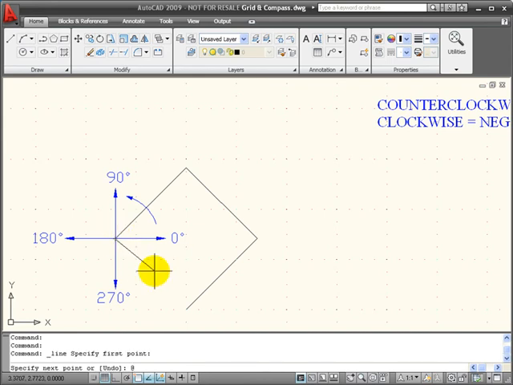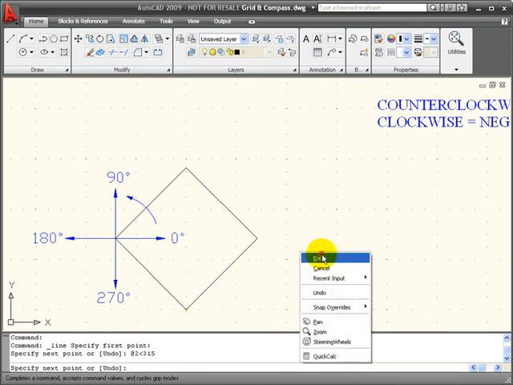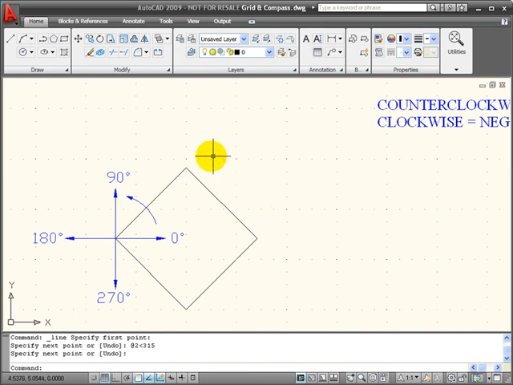We'll say at 2, angle of, and this would be 90, 180, 270 plus 45 more, which would be 315 degrees, and that brings me back to my starting point. So remember, when we're using relative polar, we are using the angles that are absolute to our default polar system.